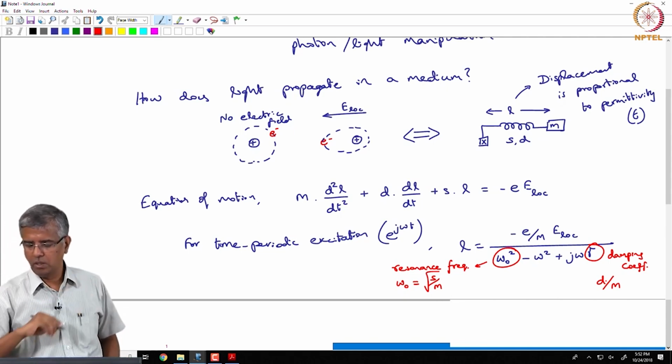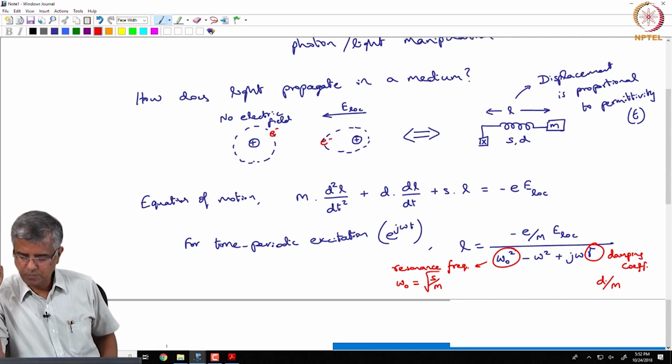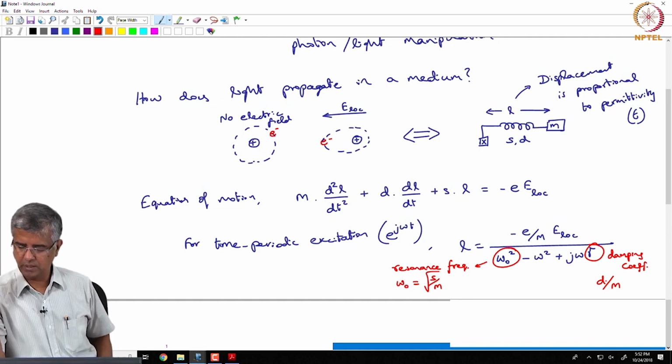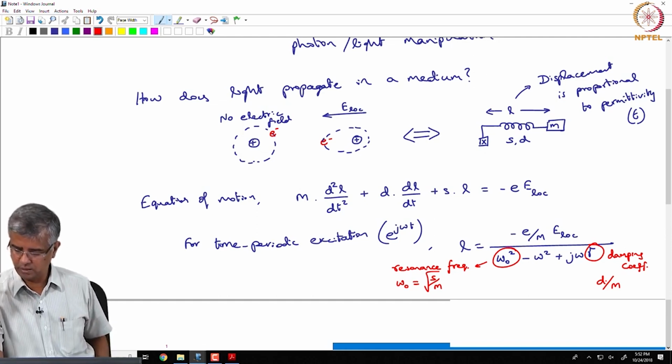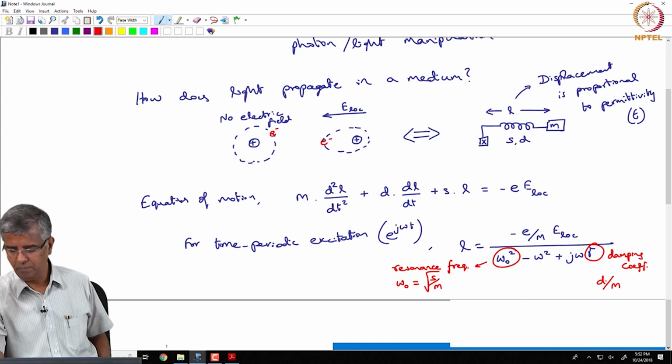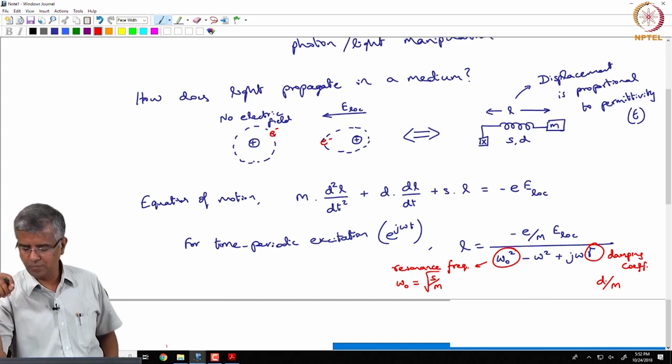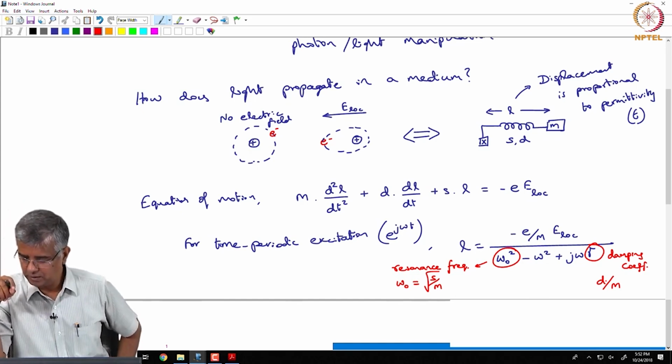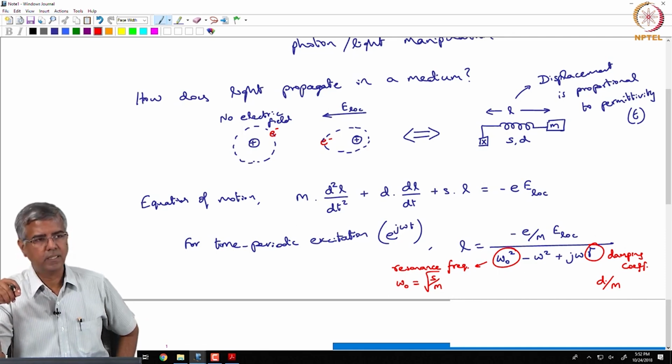So, that is the expression for the displacement, with a proportionality constant that also denotes the permittivity of the medium. But what you see from that is that the permittivity or the displacement is actually a complex quantity, right. It has got a real part and an imaginary part.